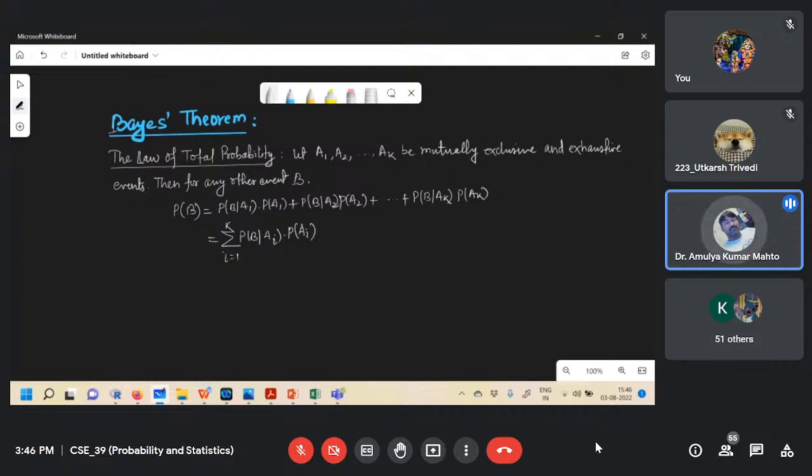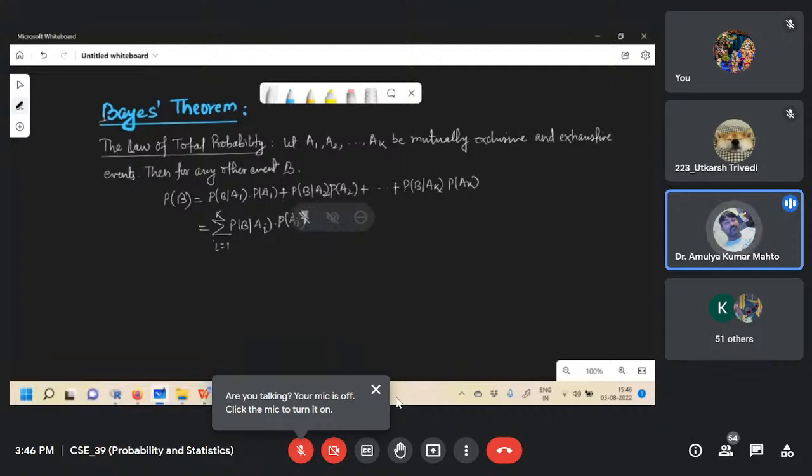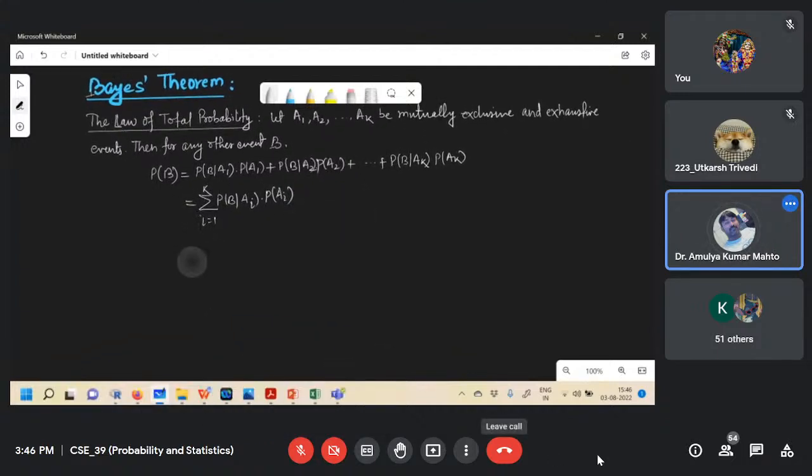So this is how you can rewrite it. If you want the proof, I can give you the proof of this. Let me give you the proof also.